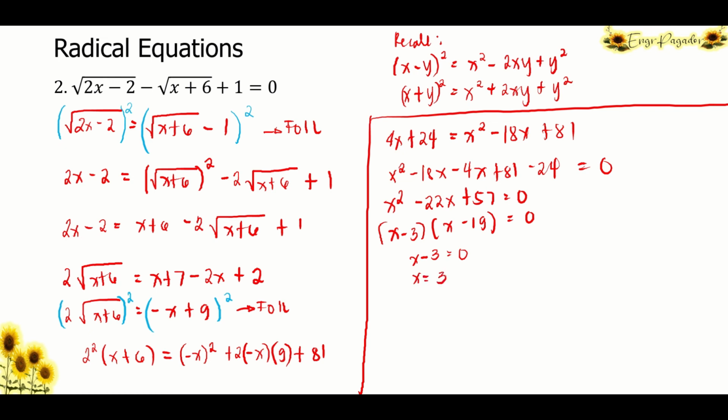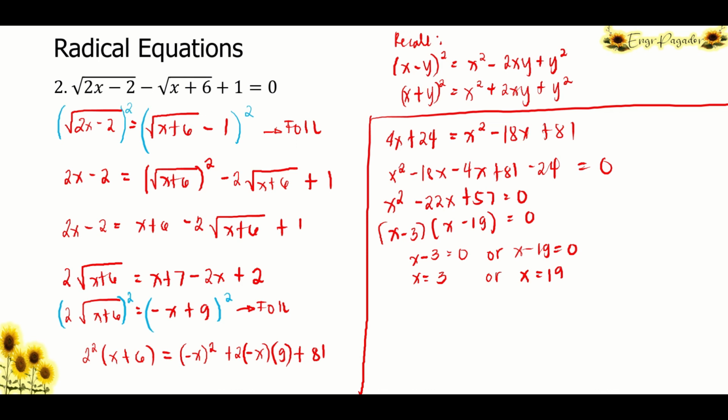So, x is equal to positive 3. So, this one is one value or one solution for the equation. Or, we also have x minus 19 equal to 0. So, transpose ulit natin to the other side. So, we also have a value of x equal to positive 19.